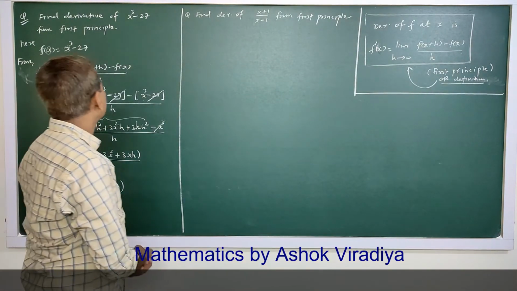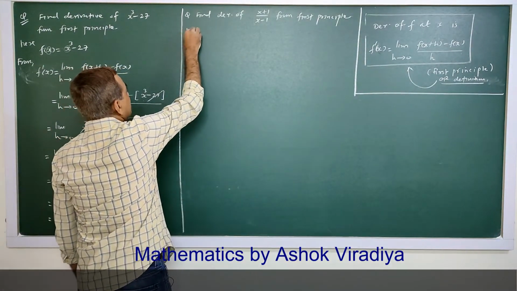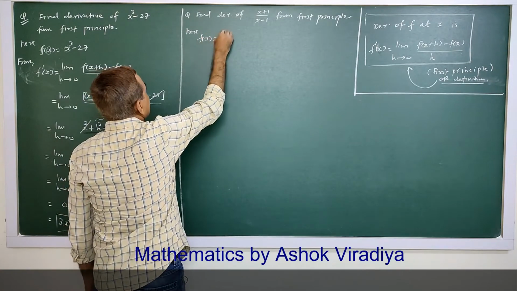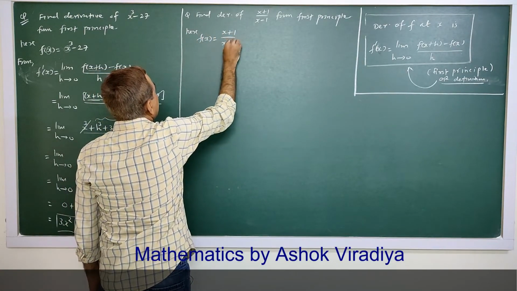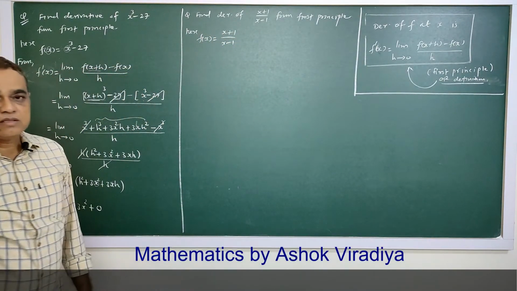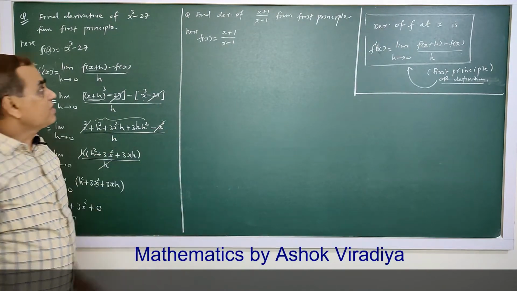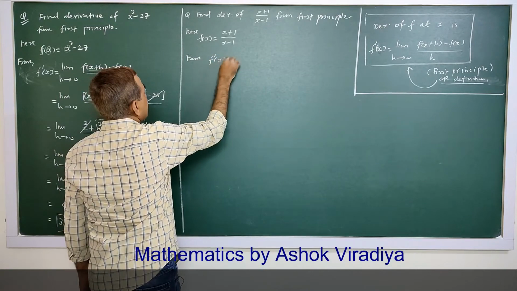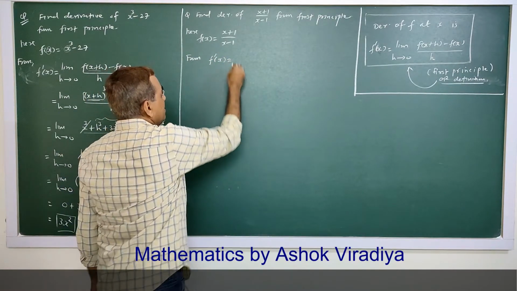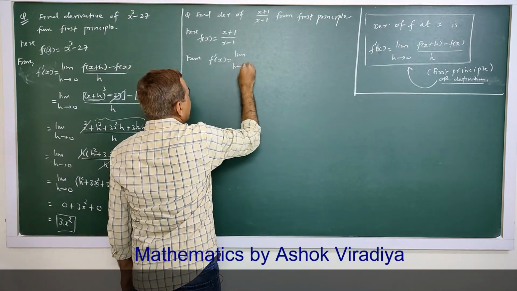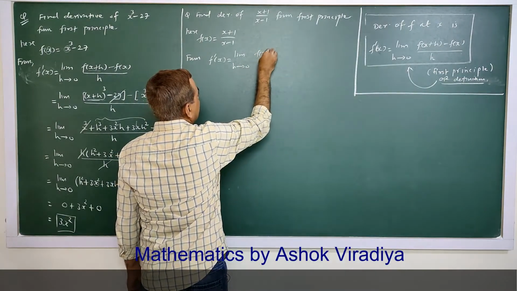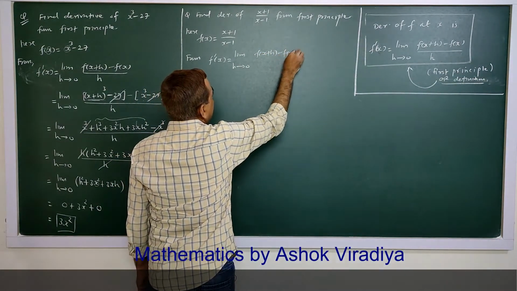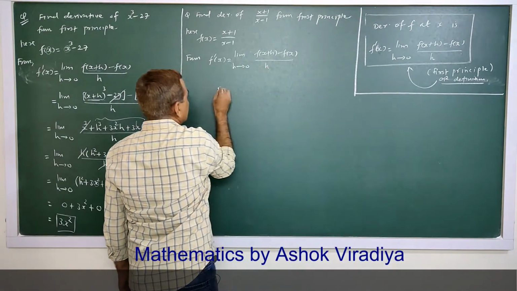Now here fx is x plus 1 upon x minus 1. From first principle, f dash of x is limit h tends to 0, f of x plus h minus fx upon h.